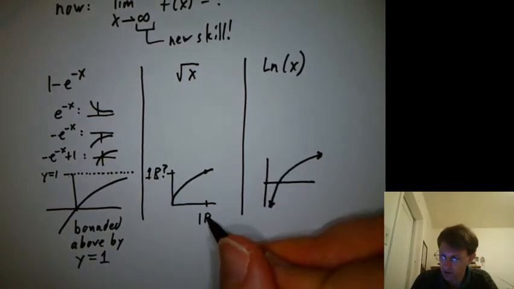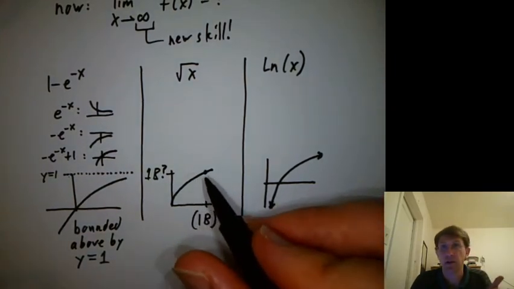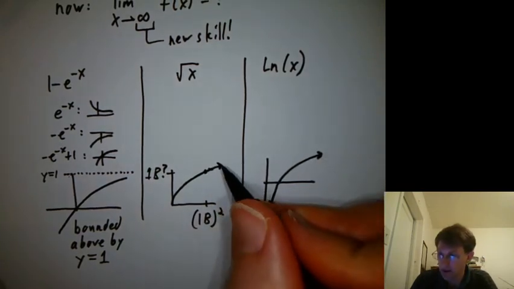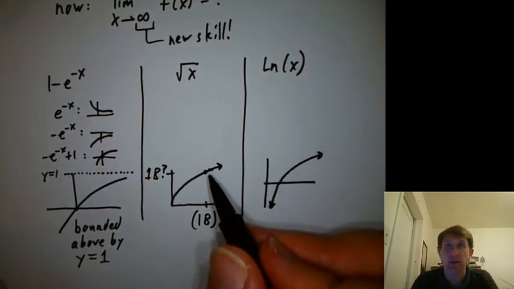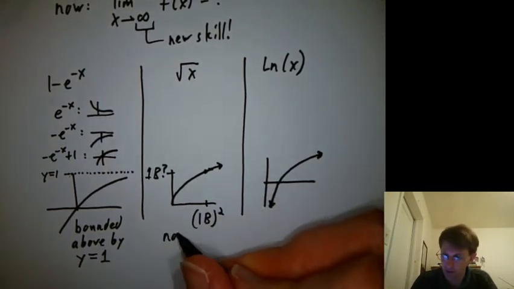Well, sure. How about 1 billion squared? Take the square root of that, you get a billion. You go any farther, you're going to be above a billion. So any level you try to put on this, you're going to exceed it eventually. So this is not bounded above.